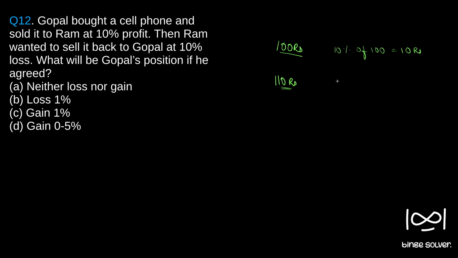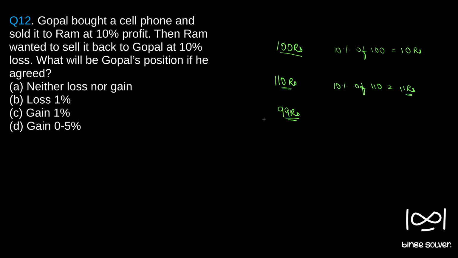Since he sold it back to Gopal at 10% loss, that means 10% of 110, which is 11 rupees, he lost. So 110 minus 11 means 99 rupees is the price at which Gopal bought it from Ram.